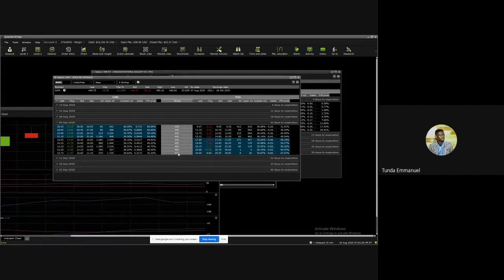Actually, if you are selling, it can be at this strike price or lower. So you have 67% chances of being right. This is based on historical data.